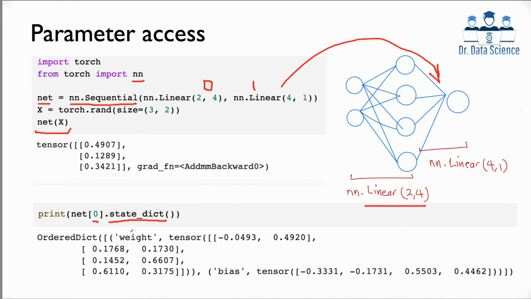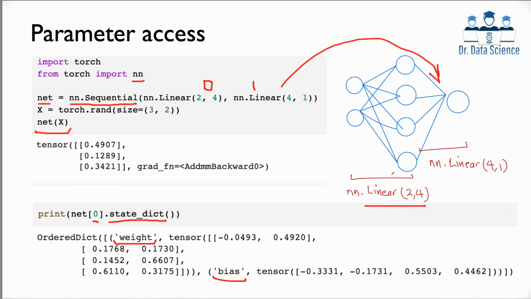And if you look at it, this actually gives us something called an OrderedDict. So it has 2 keys. The first one is weight, and then the second one is bias, right? Because this layer goes from 2 neurons to 4 neurons, you can see that the weight matrix is 4 by 2, right? So we have 4 rows and 2 columns.